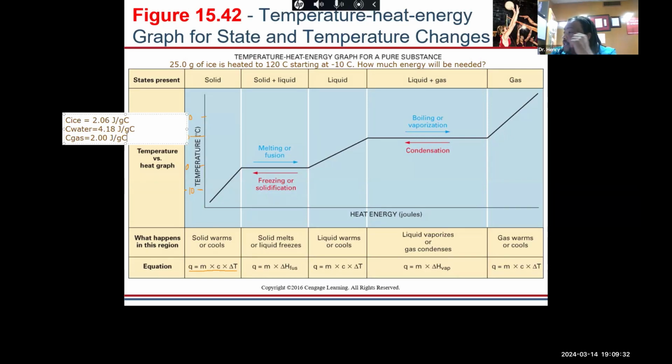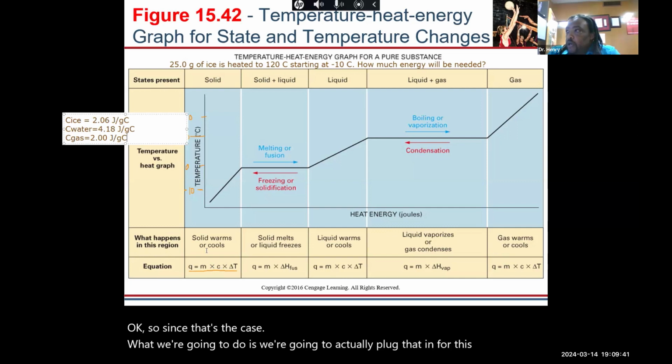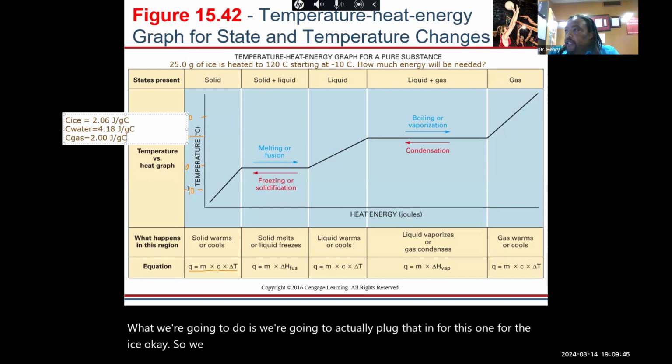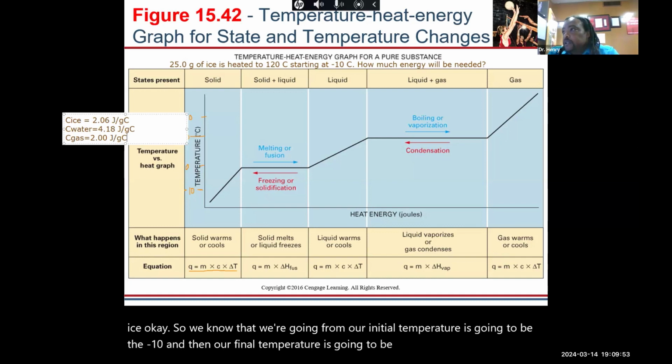Okay. So since that's the case, what we're going to do is plug that in for this one, for the ice. Okay. So we know that our initial temperature is going to be the negative 10. And then our final temperature is going to be 0. So T final minus T initial.